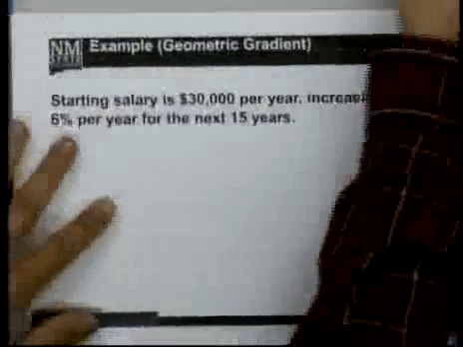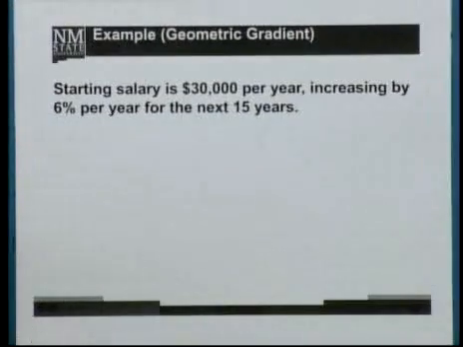So let's take a small example for the concept of geometric gradient. So consider an engineer whose starting salary is $30,000 per year with an expected increase of 6% per year for the next 15 years.